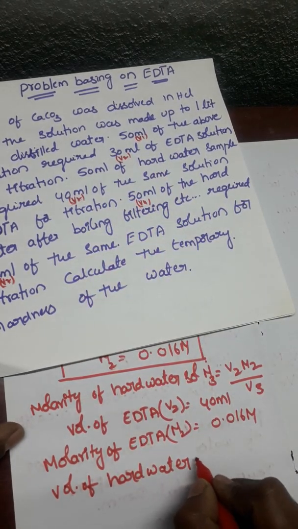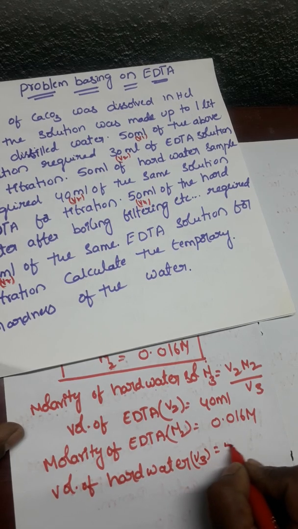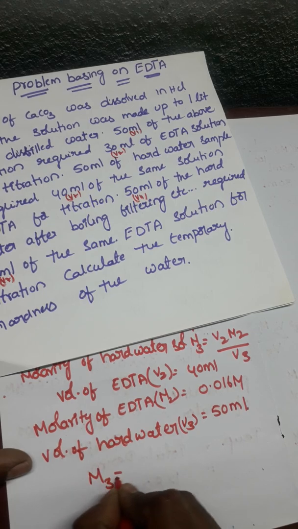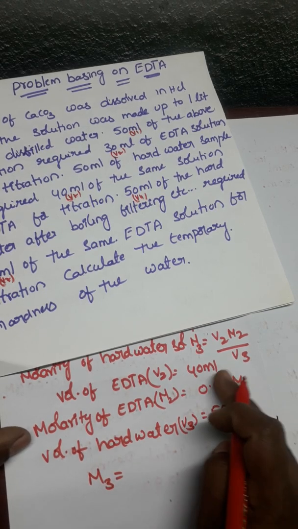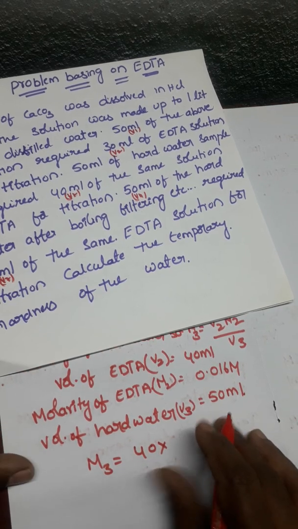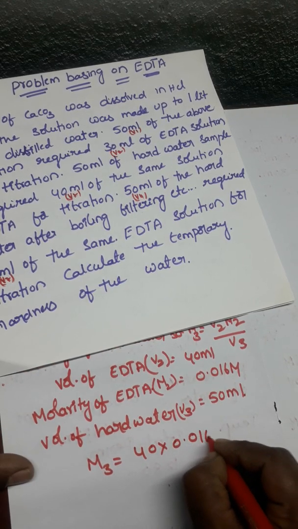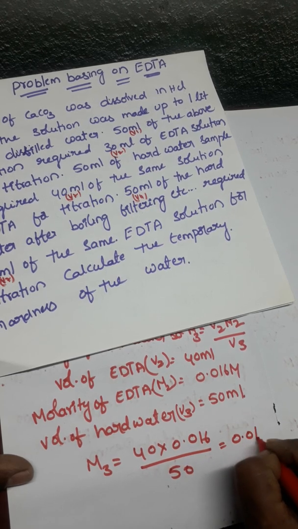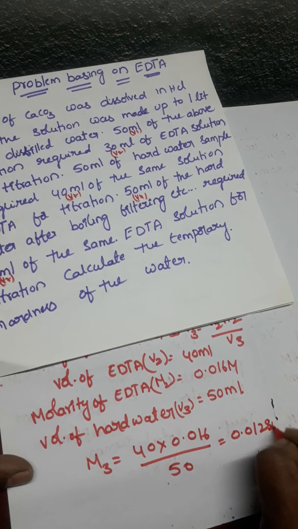Here V3 is equal to 50 ml and M3 is equal to, all these are substituted in this equation, V2 is equal to 40 into 0.016 by 50, that is equal to 0.0128 molar.